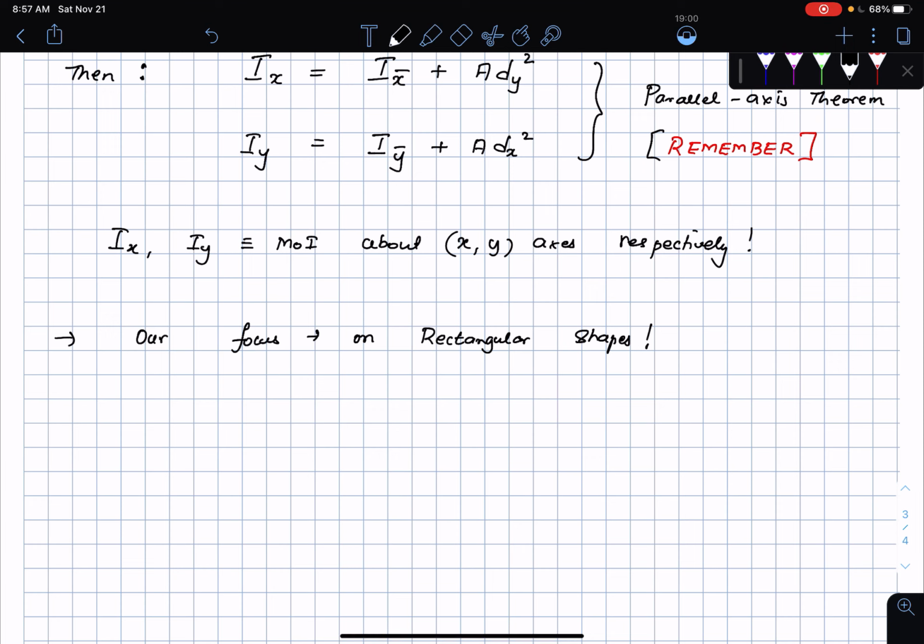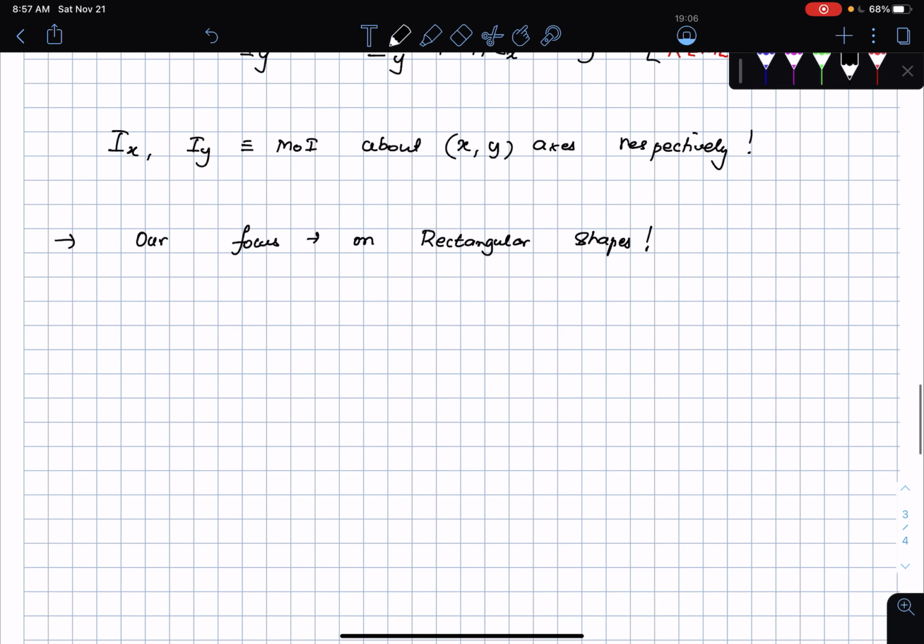Let us use the idea to find the moment of inertia of the rectangular shape. So let's say problem number 1.